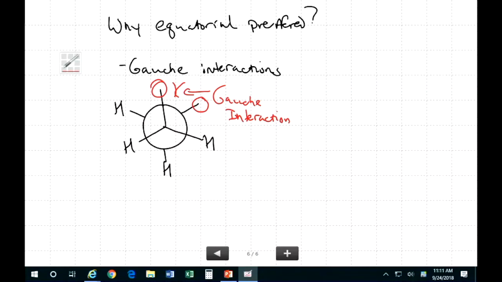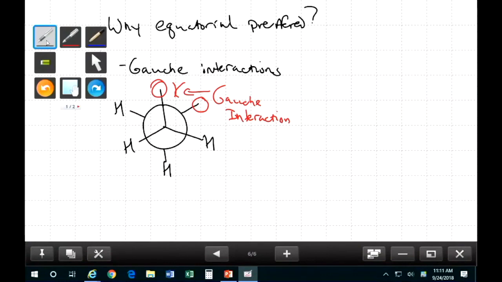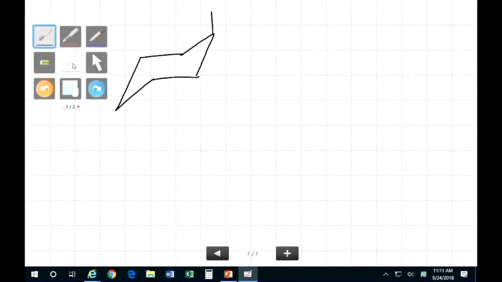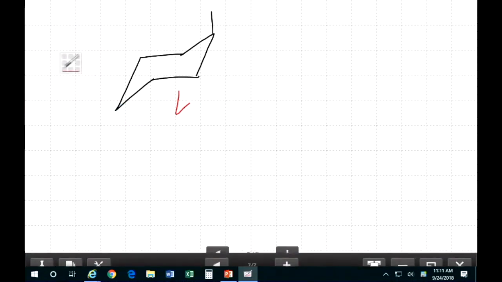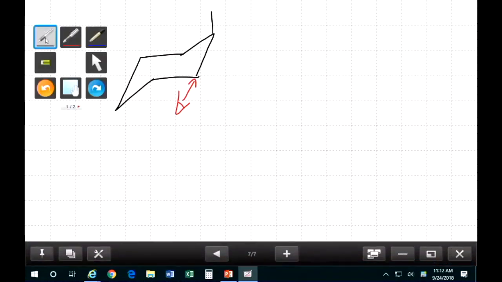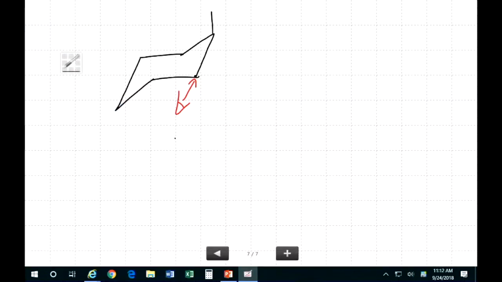So how this relates to a cyclohexane is, let's have our methylcyclohexane, and I'm going to go to the next slide real quick. You don't have to redraw it. We have our group axial. So if we draw a Newman projection looking right here, for our front carbon, the one we're looking straight down at, we have a hydrogen, and here you have to really care how you draw stuff.